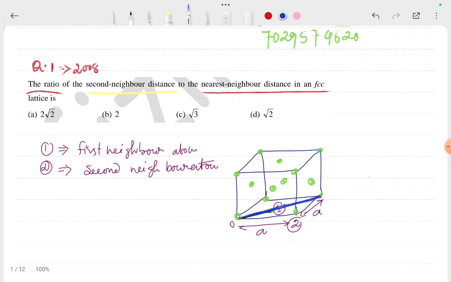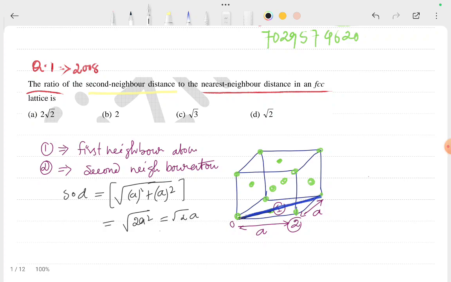Using the Pythagoras theorem, the diagonal is root under a square plus a square, which is root 2 a square, that is root 2 a.